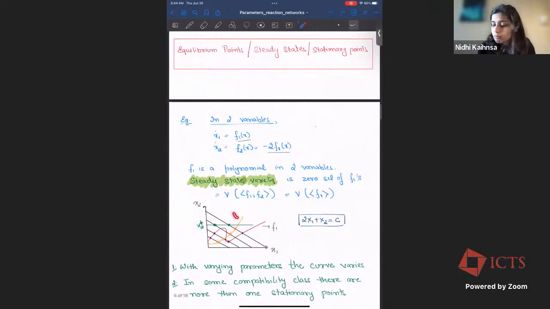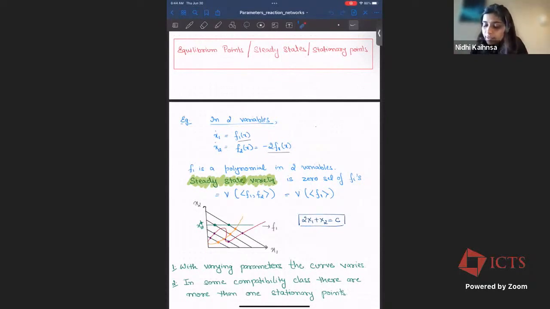Because this is the zero set of my curve, the zero set of f1, intersected with the stoichiometric compatibility class we're interested in. So their intersection is exactly our equilibrium point. So in the yellow curve, we have only one equilibrium point in each compatibility class.